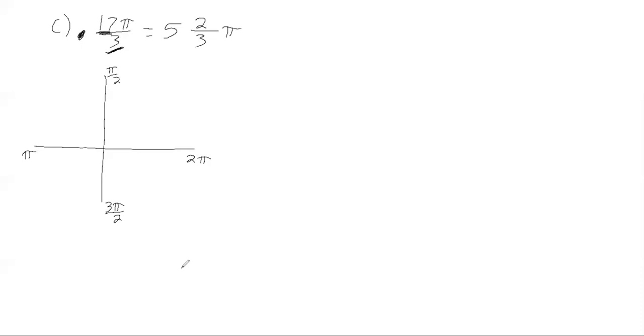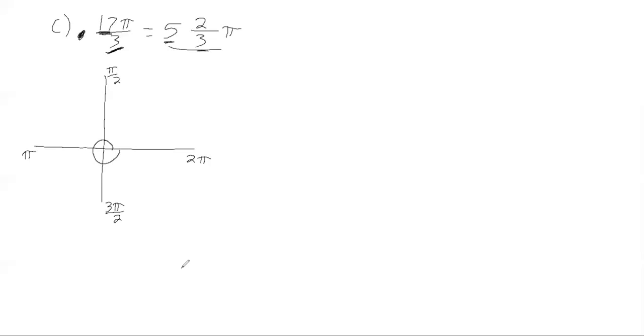All right, now this right here, this 5 2/3 of a pi gives me a much better understanding of where I'm at. So I rotate 5 pi, then I rotate 2/3 more of a pi, okay? So if I rotate here all the way like that, that's 2 pi, right? So I went around 2 pi.